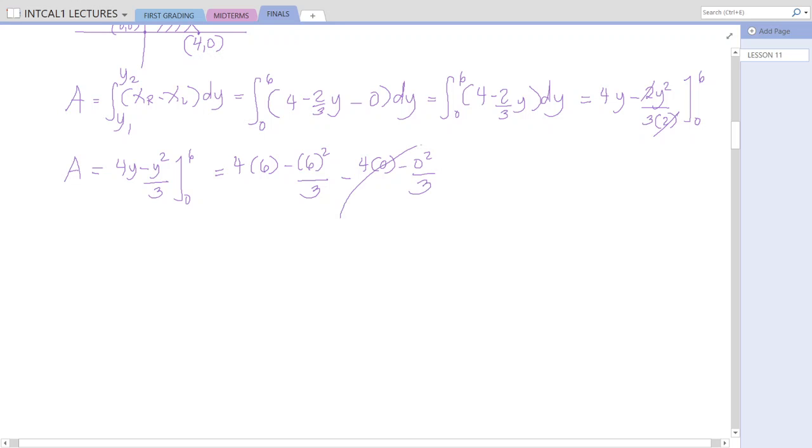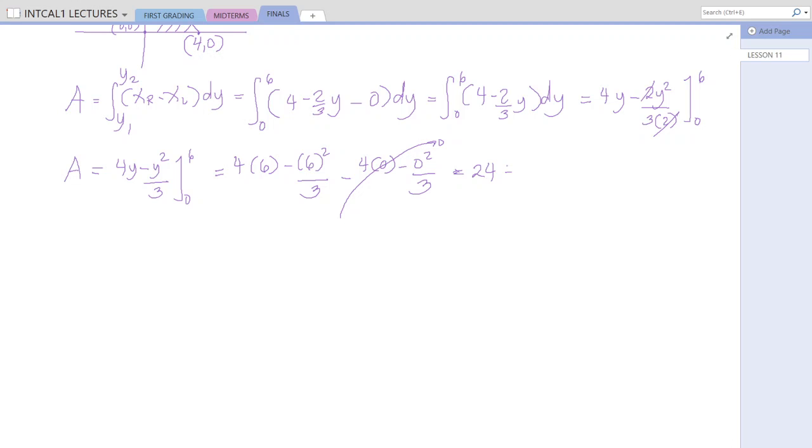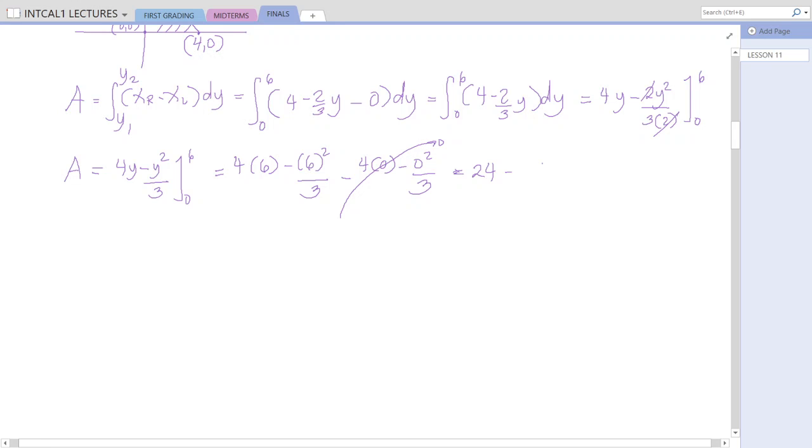So this one will be cancelled already since that is 0, and the answer is equal to 6 multiplied by 4, that is 24, and then minus 6 squared is 36 divided by 3, that is 12. So that is 12, and that is equal to, of course, 12 square units. Don't forget the units, that is 12 square units, since that is the area.